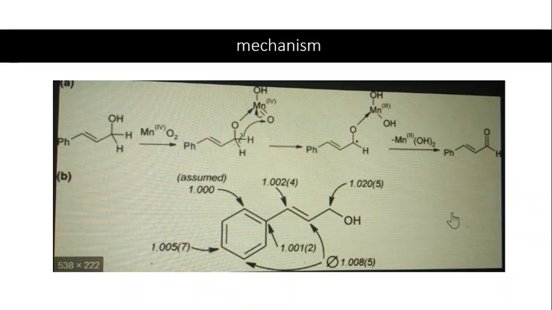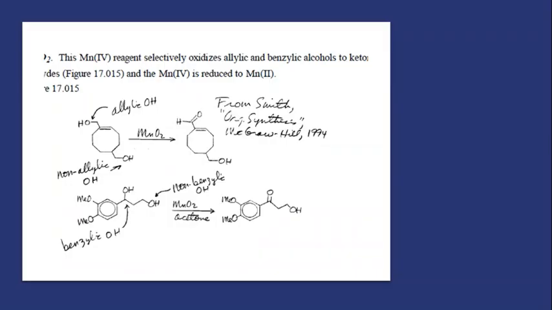We have two types of alcoholic function: one on the downward side and one on the upper side. The one on the upper side contains a double bond in conjugation, but there is no double bond at the lower one. It means that the upper one is the allylic alcohol.